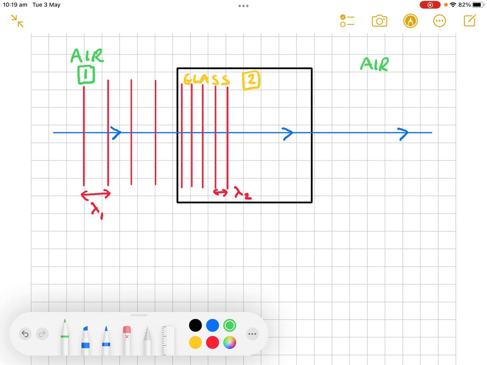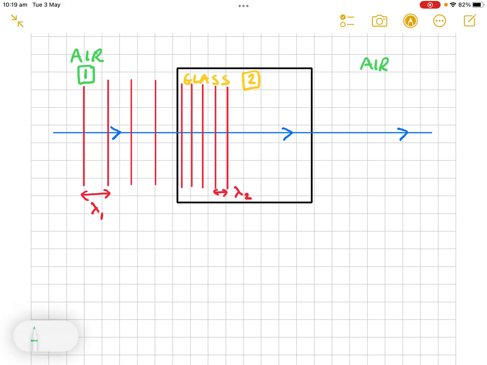Now, something else that happens, which is interesting, is that when you're in the air, we'll call it V1, well, that's going to be approximately 3 times 10 to the 8 meters per second, the speed of light in air or in a vacuum. But when you get into the glass, that actually comes down to approximately 2 times 10 to the 8 meters per second.